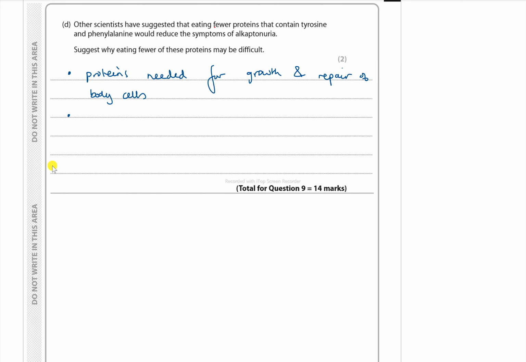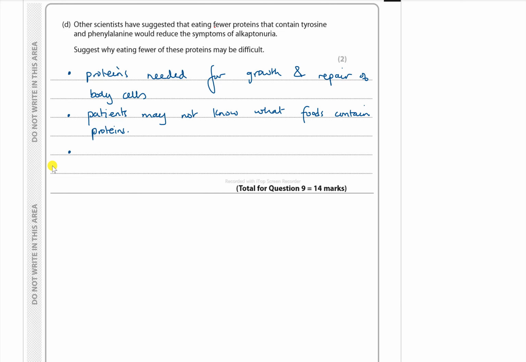Right, you've also got patients may not know what foods contain proteins. So they might not be aware of how to improve the diet.